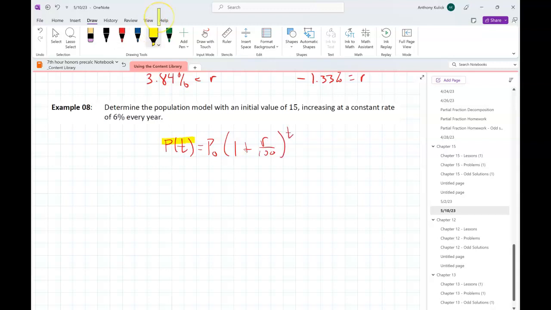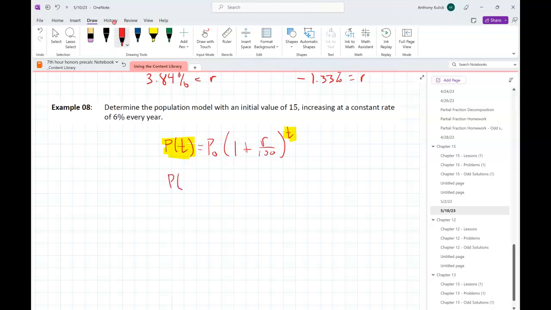And because it asks to write a model, I know that I'm going to have my independent and dependent variables still in the equation when I'm done, right? So my goal is really just to fill in the value for P naught and R, right?